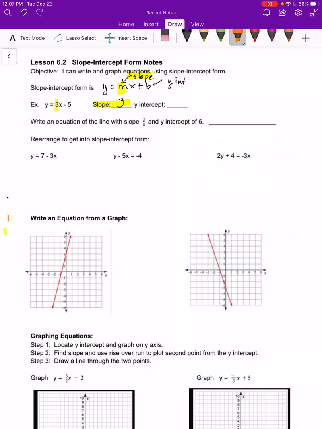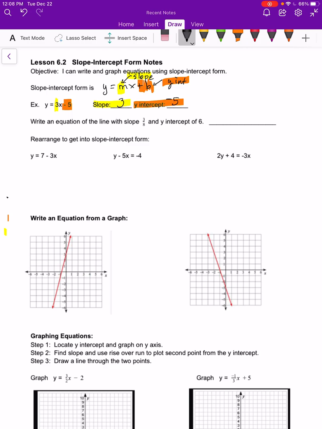It's usually just a number because it's where it crosses the y-axis. And of course, you always take on the sign of what's exactly before it. So in this equation, that constant is -5. So my y-intercept is -5. Don't forget to attach the sign.